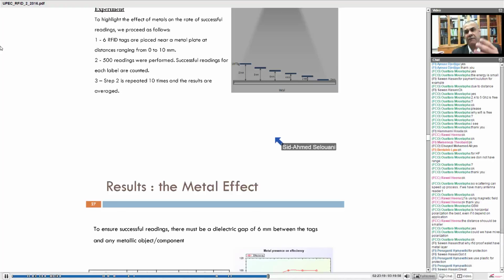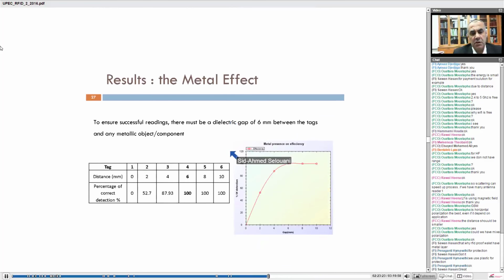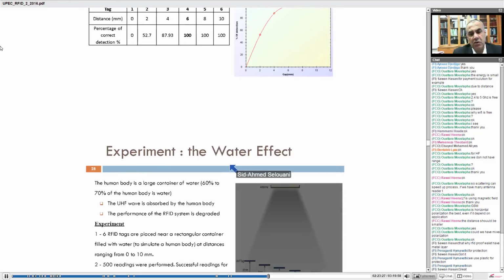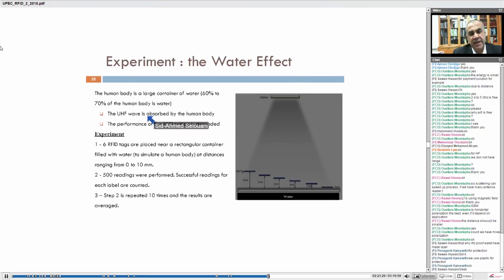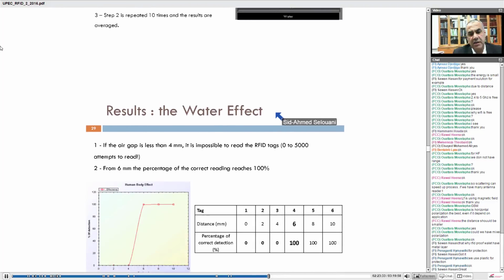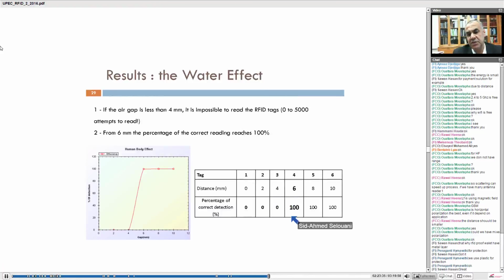So we use a plastic insert of more than 4 millimeters. So you put plastic, you are sure that you can communicate. Okay, tomorrow I will show you this type of tags. I will bring this because we have a camera.